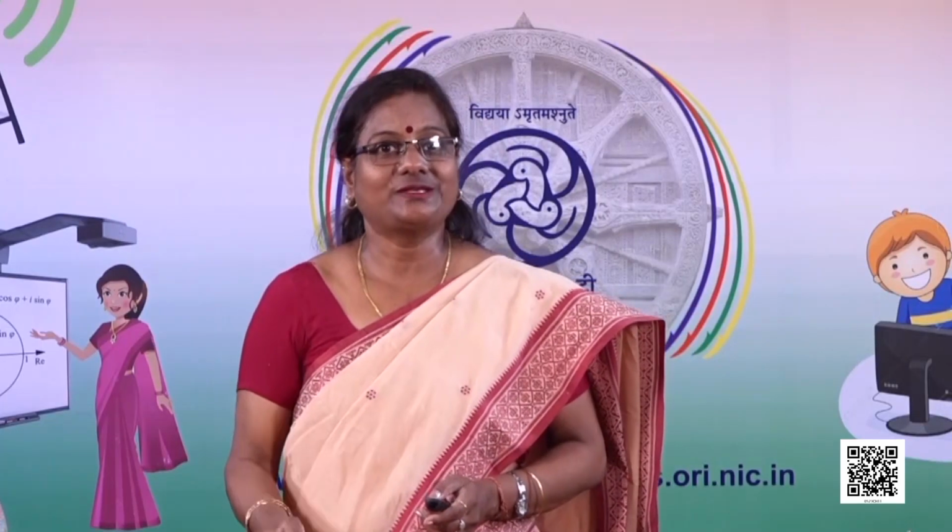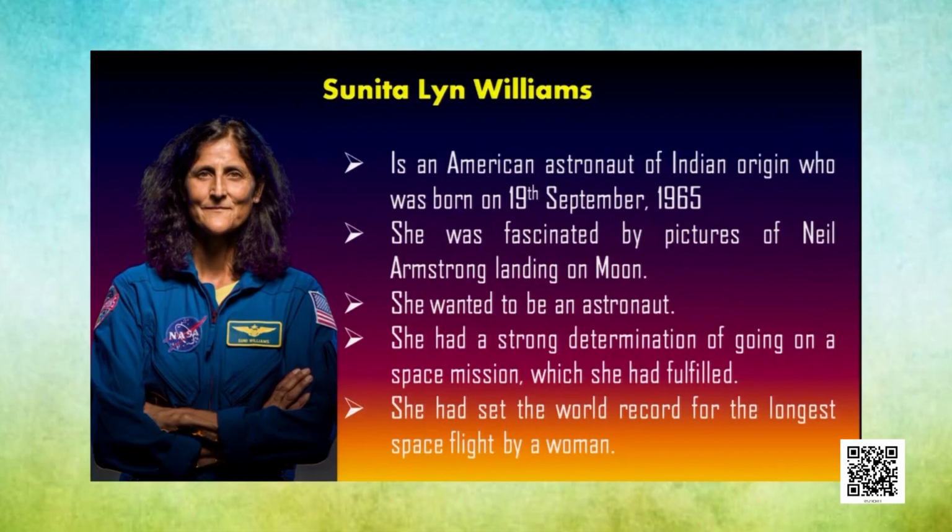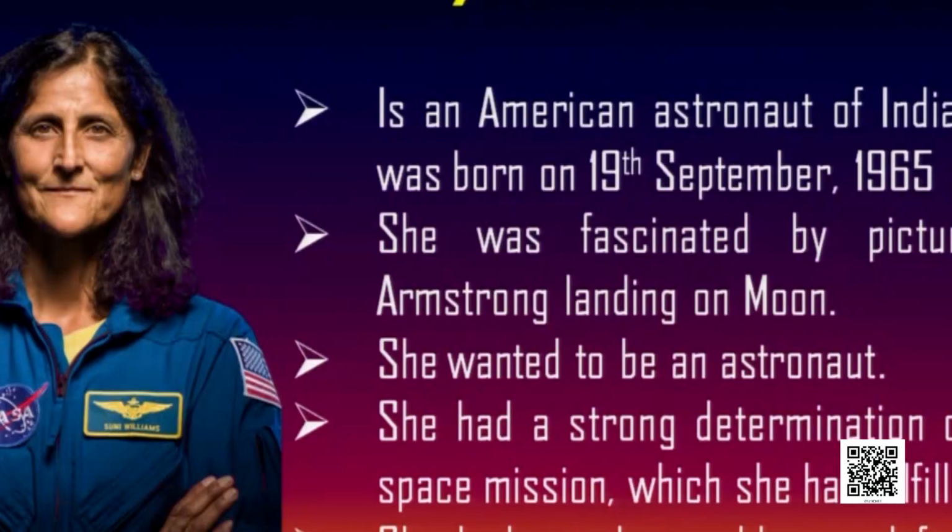Now, today's topic is about Sunita Williams. Who is Sunita Williams? And she is, as discussed by these children, Ujaira and Shahmeed, coming to their school, and what will she be doing? Let's see. Who is Sunita Williams first? Sunita Williams is an American astronaut of Indian origin who was born on 19 September 1965.